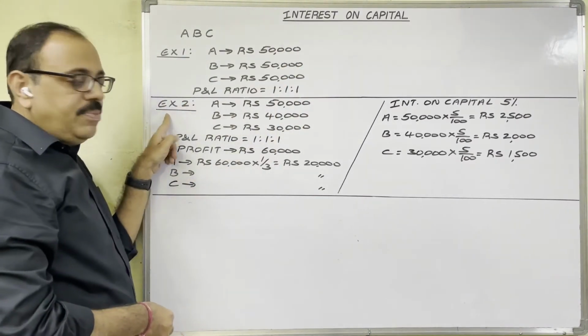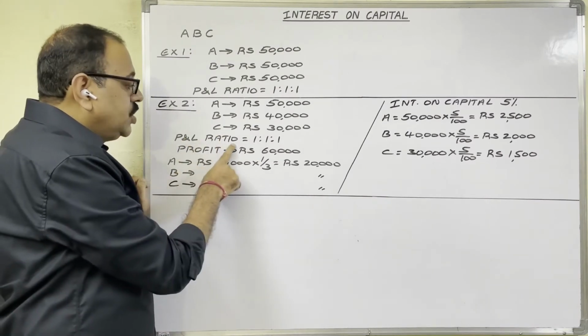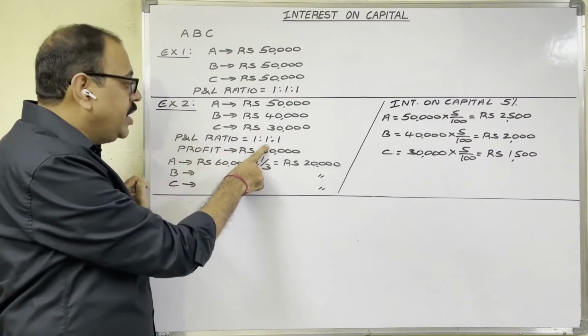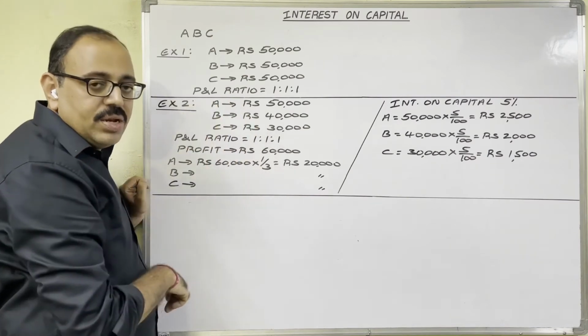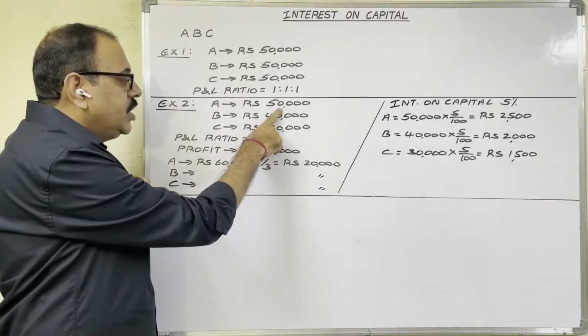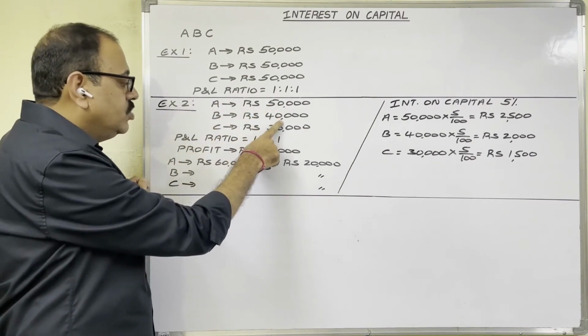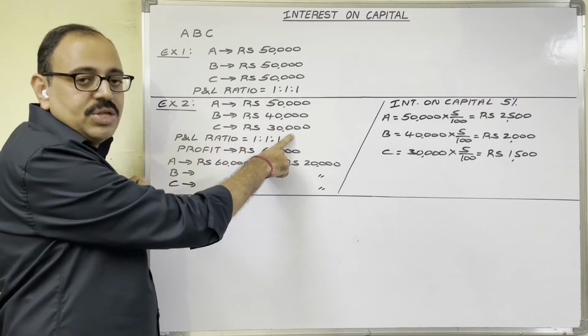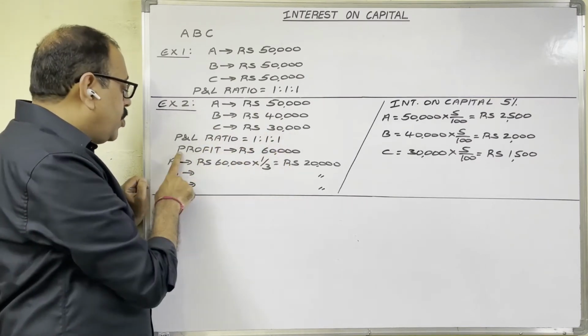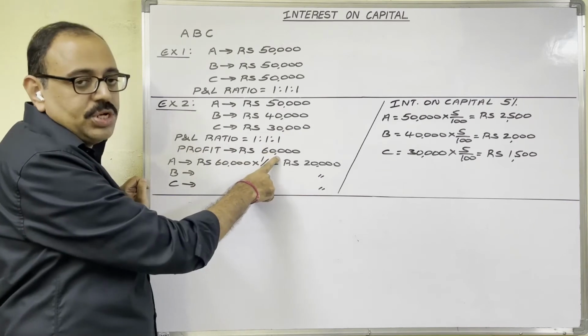Take a second example. The profit and loss ratio is equal, but capitals are unequal. A's capital 50,000, B's capital 40,000, C's capital 30,000. Assume the profit for 1 year is 60,000 rupees.